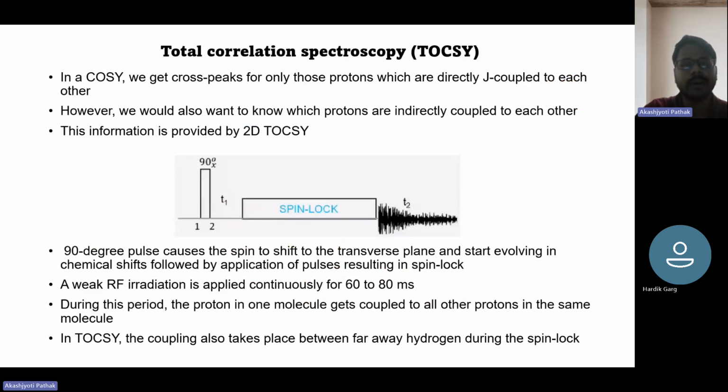I have not discussed that directly. Let's discuss the total correlation spectroscopy experiment.